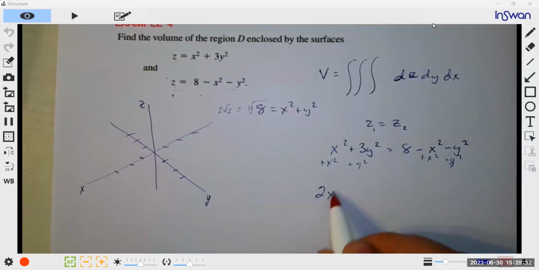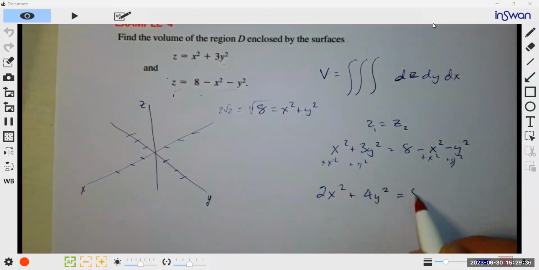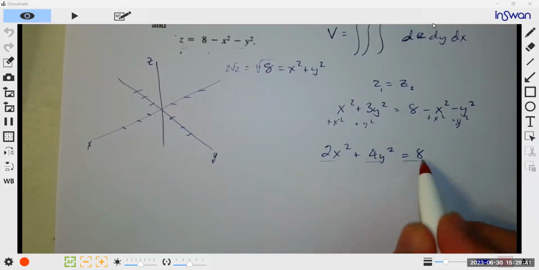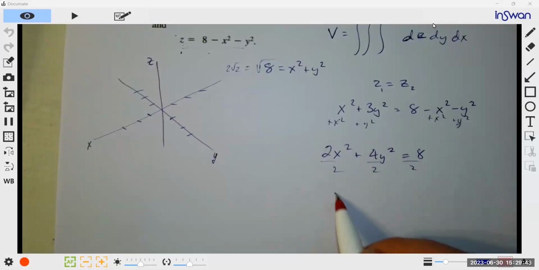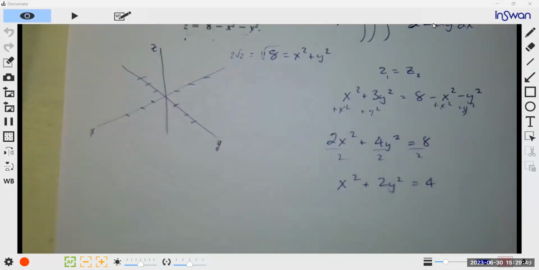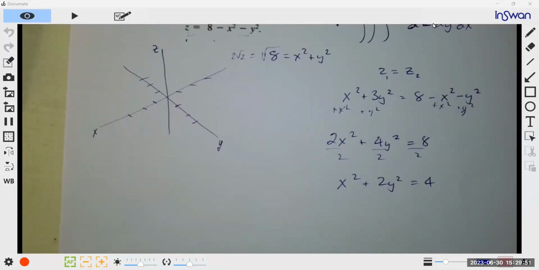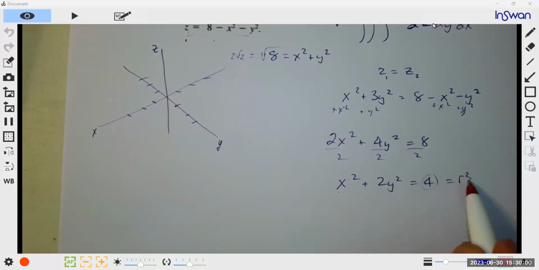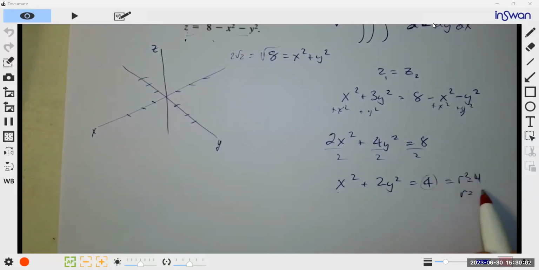So we have 2x squared plus 5y squared equals 8. Divide everybody by 2. X squared plus 2y squared equals 4. So now this gives us a better picture of our oval.